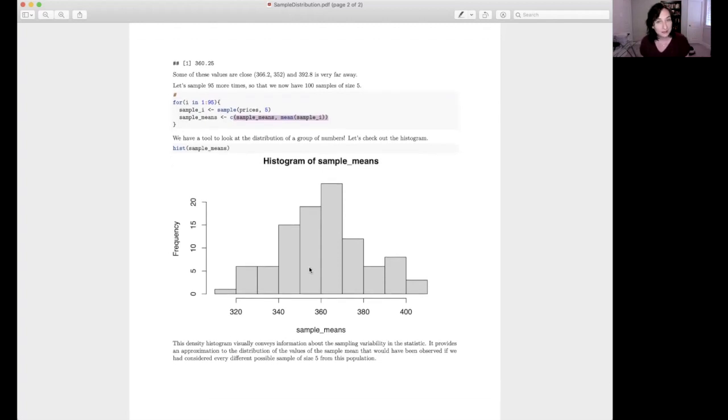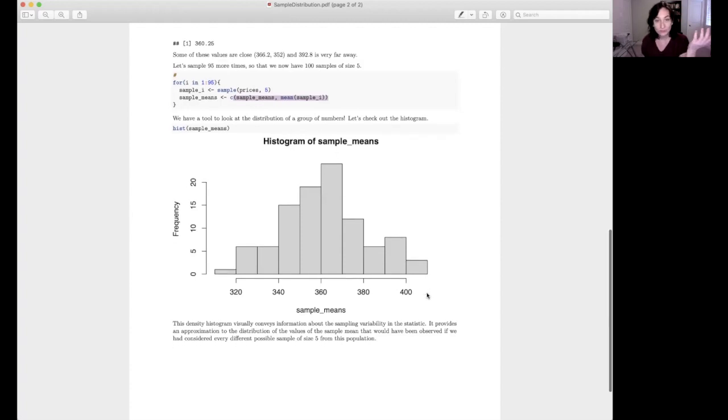And hey, look, it is centered on the population mean, but it's got this curve to it, right? It's more often than not close, but it can vary all the way from what? It's probably 315 to 405. That varies a lot. So we can see there is sampling variability in the sample mean, right?